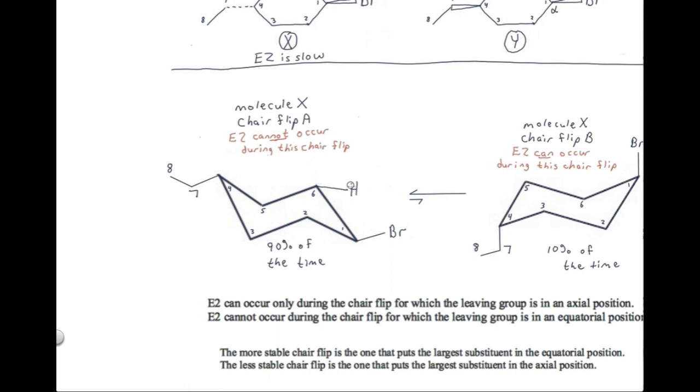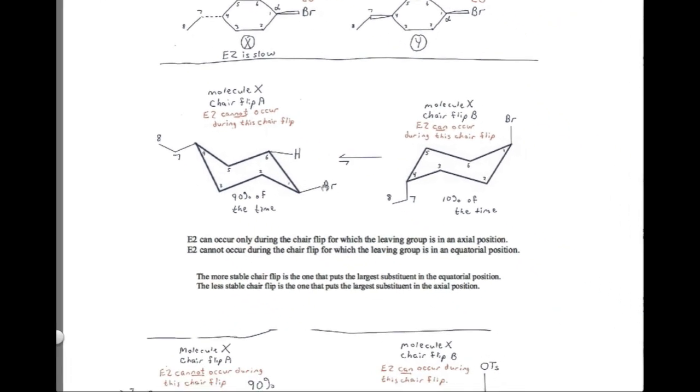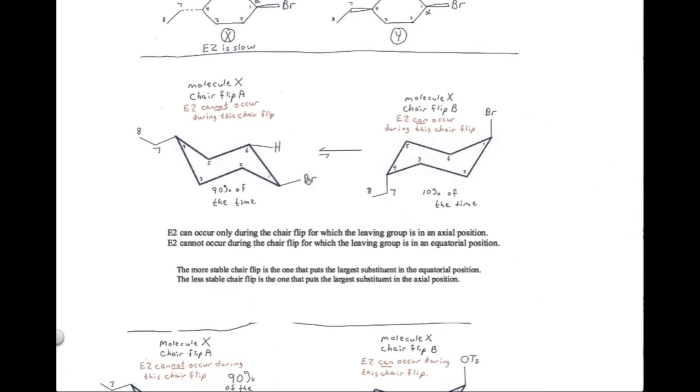They're not pointing 180 degrees from each other. So actually, this bromine and this hydrogen would be gauche to each other, not anti. And that's always going to be true when a leaving group is in an equatorial position. When a leaving group is in an equatorial position, it can't be anti to a beta hydrogen. That's why E2 is impossible when the leaving group is in an equatorial position.